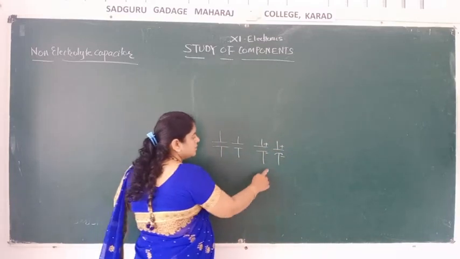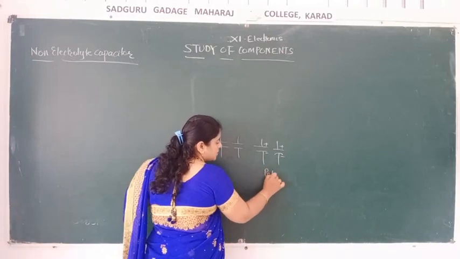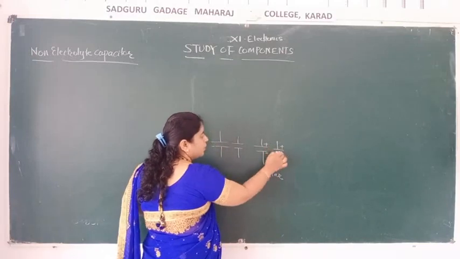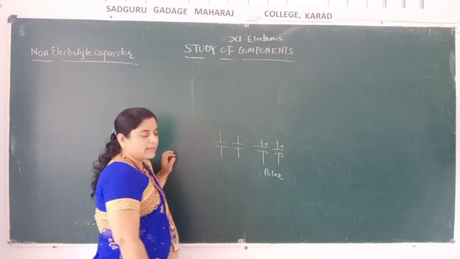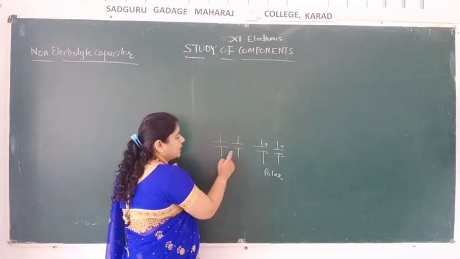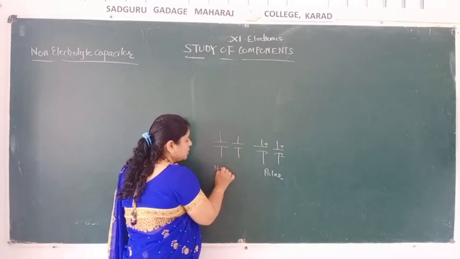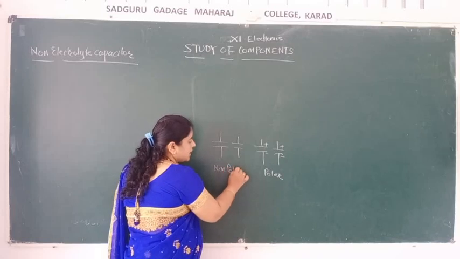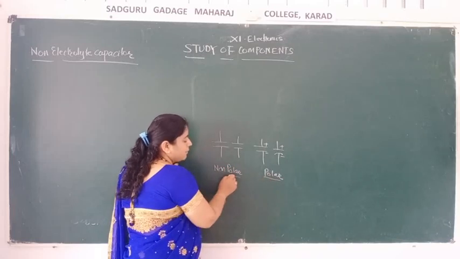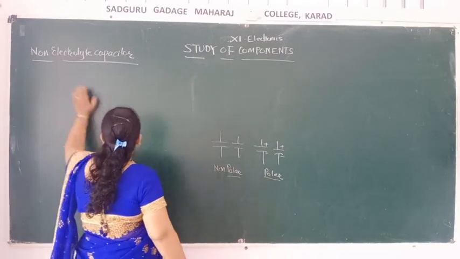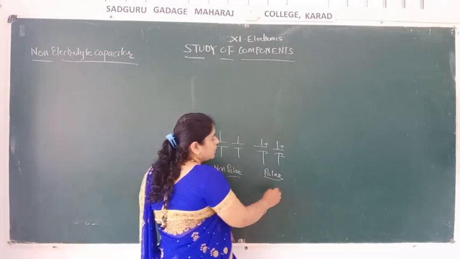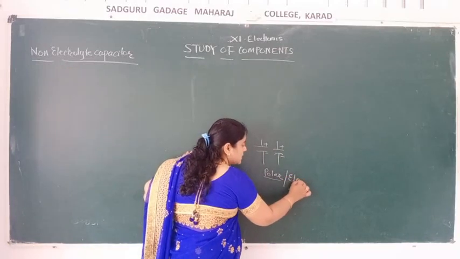So those which have polarity are called polar capacitors, and those which do not are non-polar capacitors. And the word polar is also known as electrolyte. Polar or electrolyte is the same.